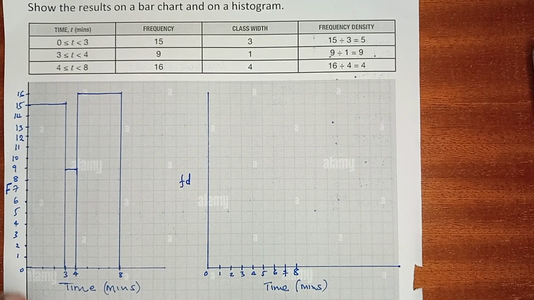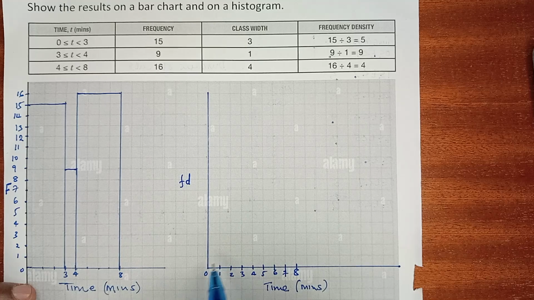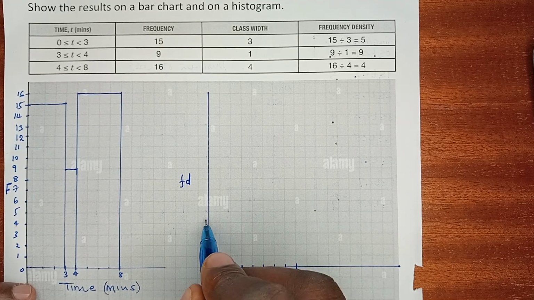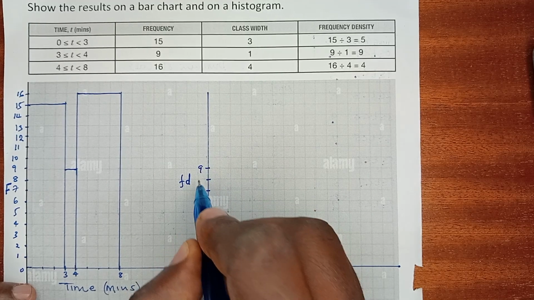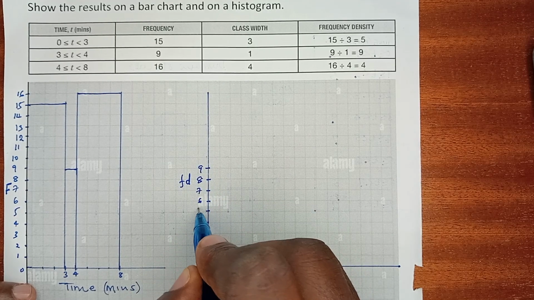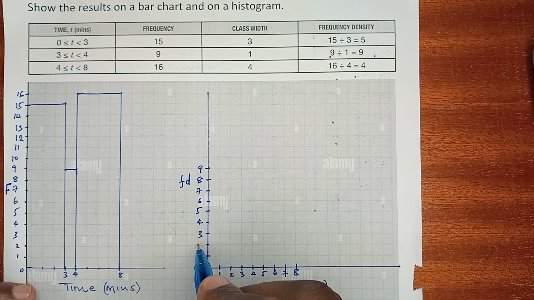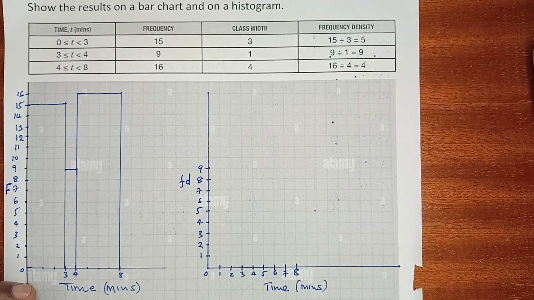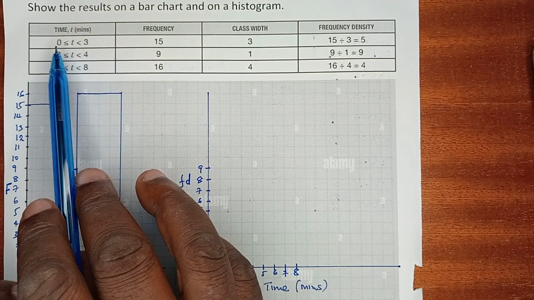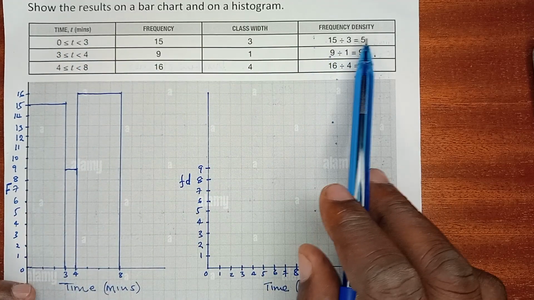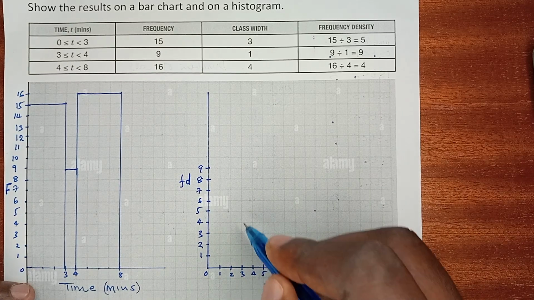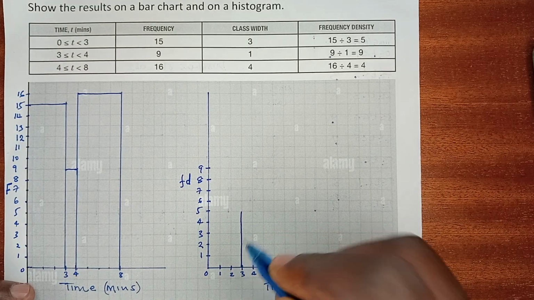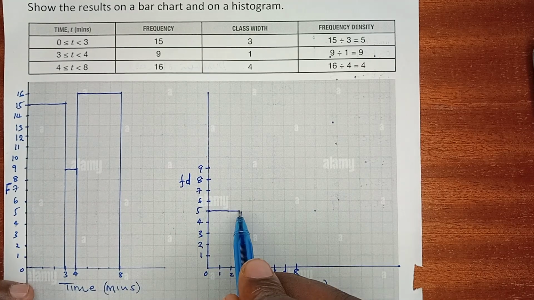So we could just talk about 1, 2, 3, 4, 5, 6, 7, 8, 9, 9, 8, 7, 6, 5, 4, 2, 1, and 0. And then our histogram from the first group, from 0 to 3, we have a frequency of 5 up to there. A frequency density, not frequency.